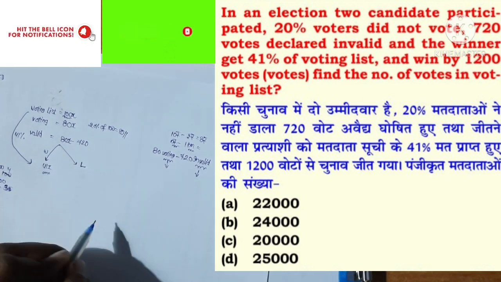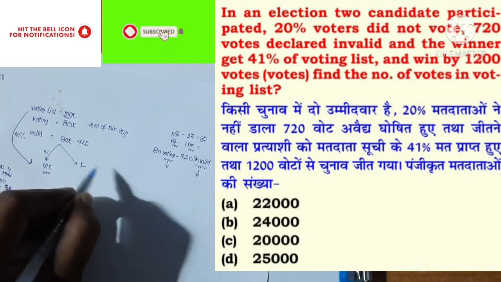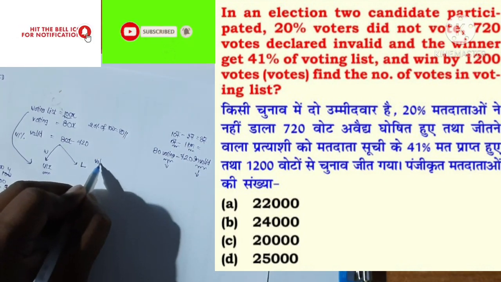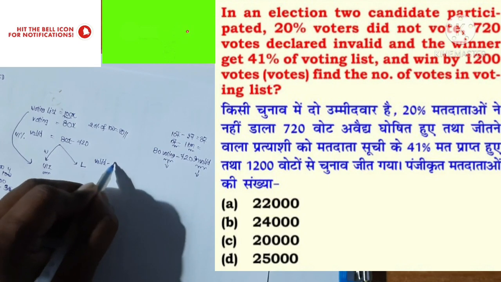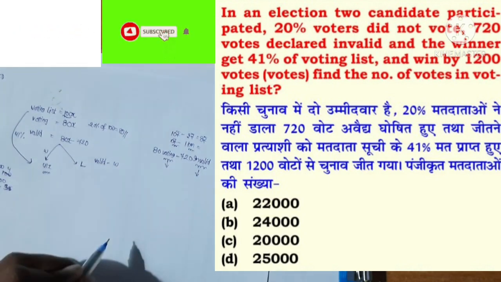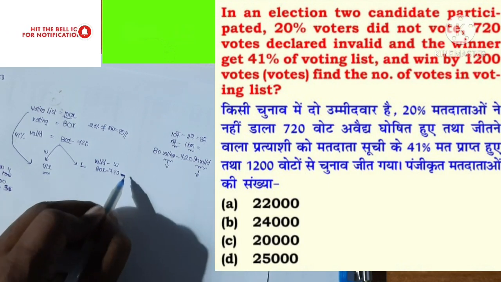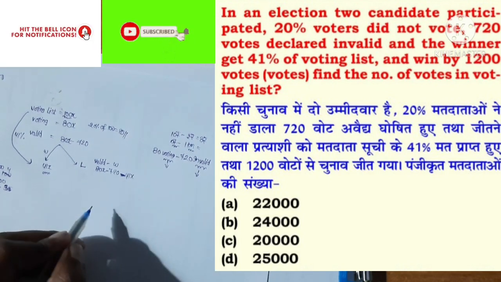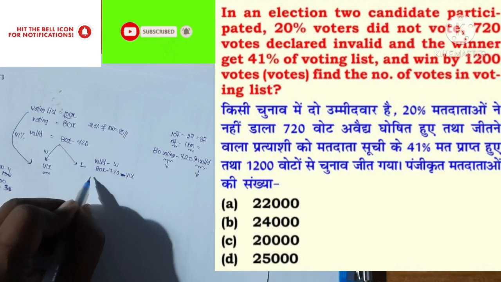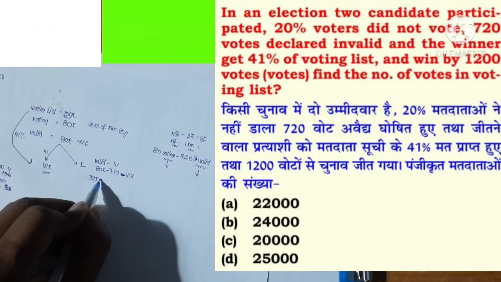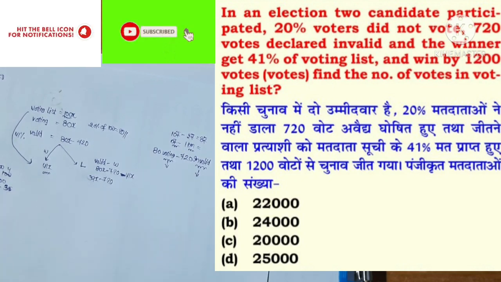The winner will get 41x, so the loser will get valid minus winner. So valid is 80x minus 720 minus 41x. The value is 39x minus 720.